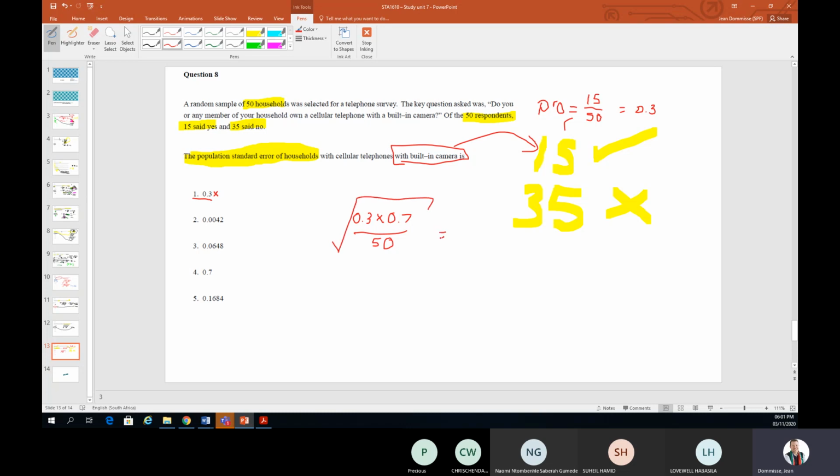So 0.3 times 0.7 gives me 0.21, divided by 50 gives me 0.0042, which again is an option, but remember we need to take the square root, and that will then give us 0.0648, which is option 3.